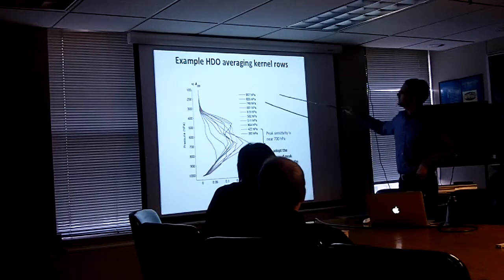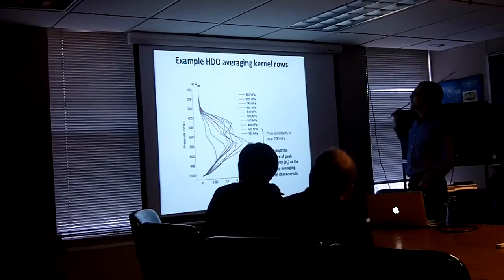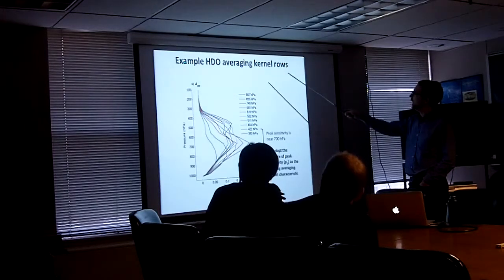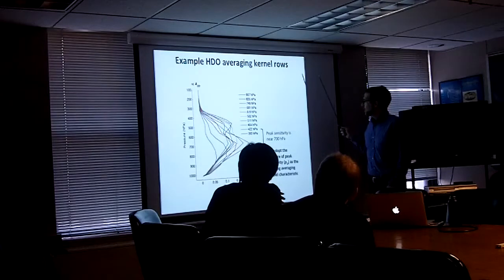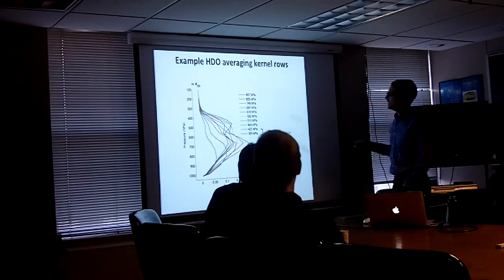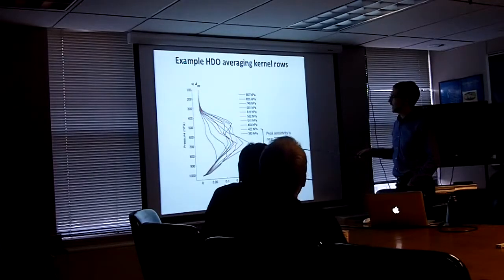Here's an example. Here are example HDO averaging kernel rows from a single retrieval. TES is general for water, and HDO is mainly sensitive in the lower free troposphere, which is where all of the analysis will be over.